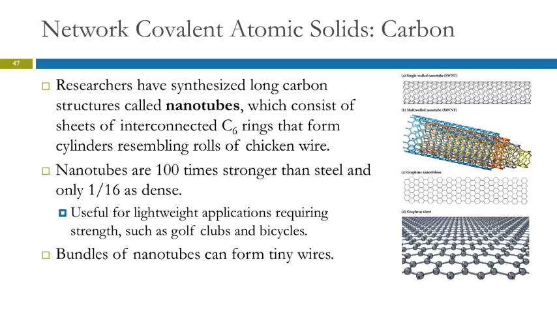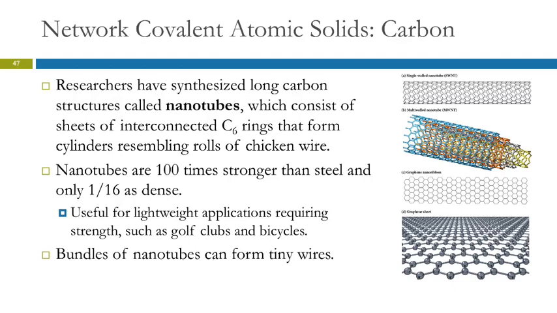All kinds of cool things that you can do with this. Nanotubes are awesome because they're 100 times stronger than steel, but 1/16 as dense. So you can get something that's stronger and lighter. And when you're talking about cars, airplanes, even things like golf clubs and bicycles, very strong and very lightweight is an excellent combination.